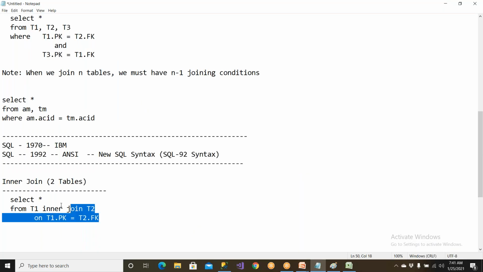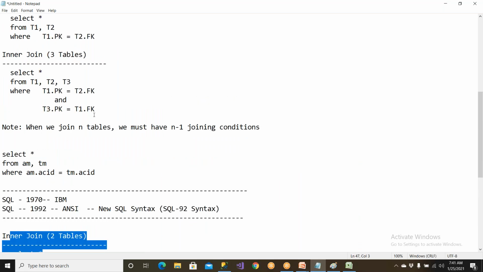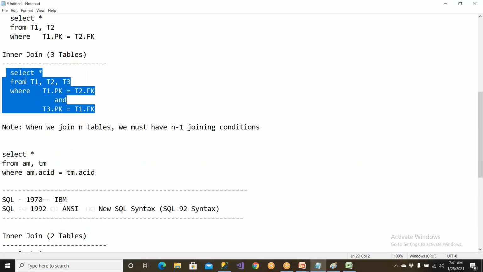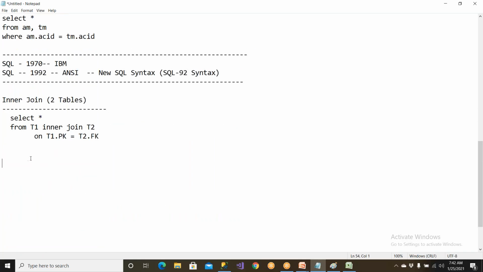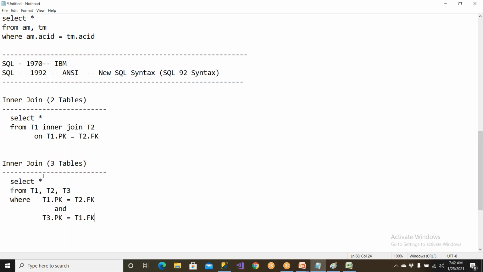Now, that was joining two tables. But if I wanted to join three tables in the new syntax, let me take this. You must say T1 join T2, removing the earlier where condition.